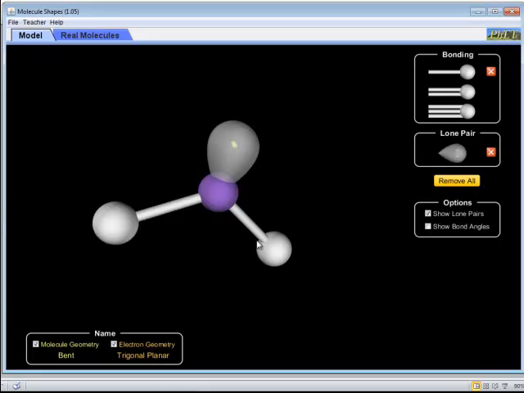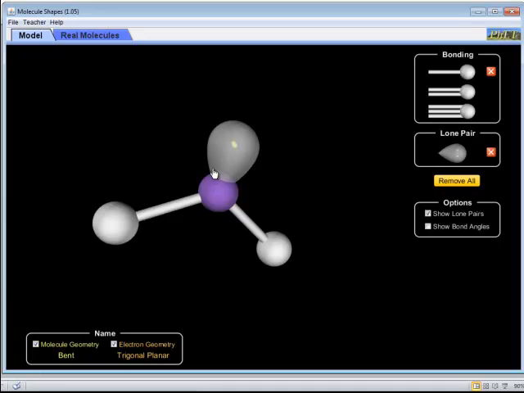And here comes a fairly important concept. The bond from here is also a pair of valence electrons, and that pair is controlled by both the central atom nucleus and the surrounding atom nucleus. Compare that to the lone pair on the central atom, which is only controlled by the nucleus of the central atom, so it's slightly less controlled.